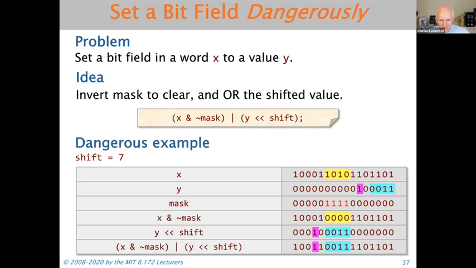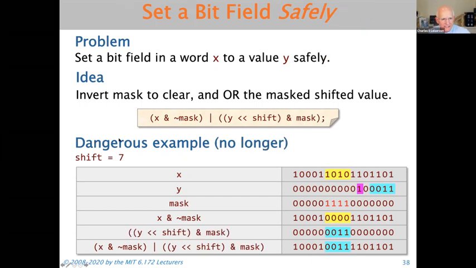So before optimizing, you always want to write robust code. You can optimize later once everything works and you find that this piece of code is a bottleneck. The solution is to AND the shifted amount of Y with the mask, so you're only looking at the bits you're supposed to. You can look at this offline.